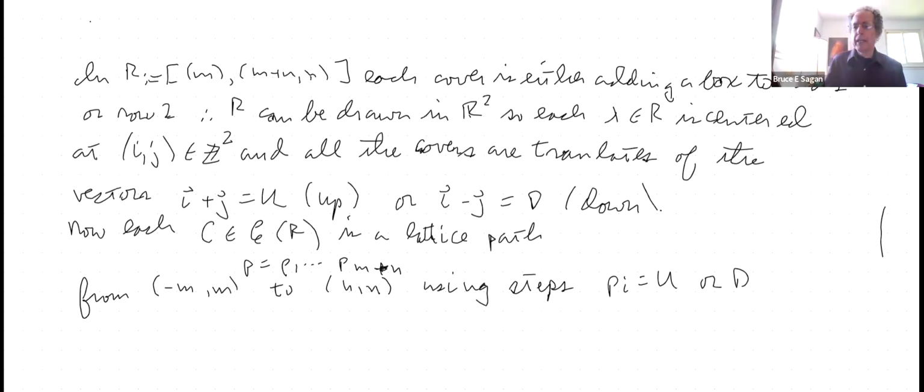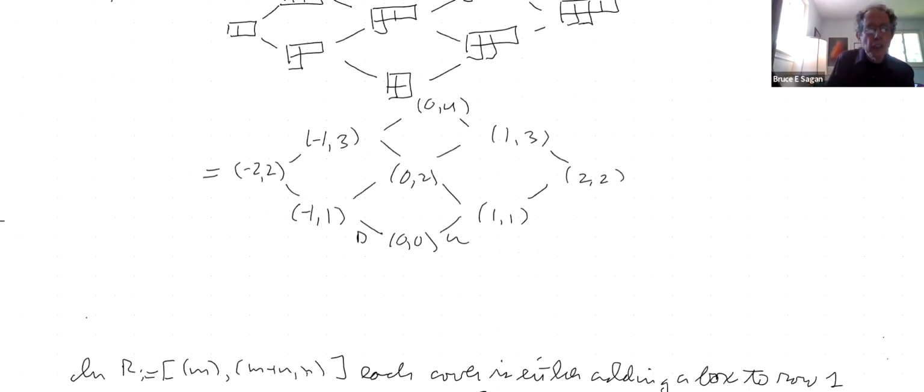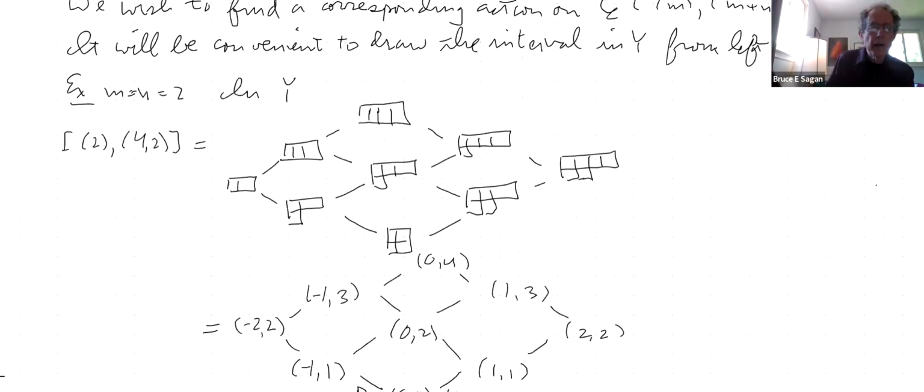So let's go back and look at that in the example just to make sure that it's clear what's going on. So here's a chain. I'm going to just make the edges. This is a chain going cover by cover. And now this can be thought of as a lattice path.